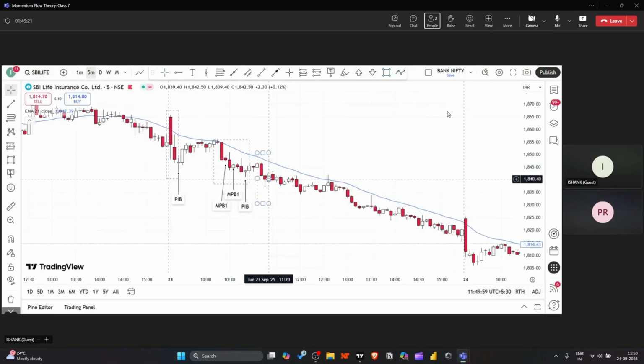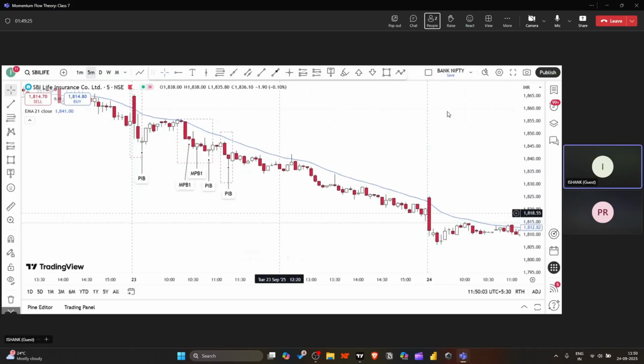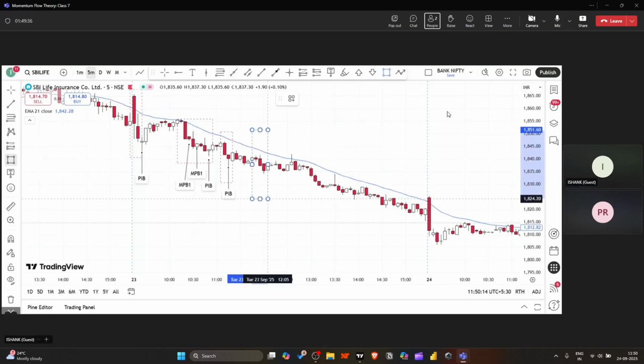That turned into PAB. Again, a spike and a PIB. Correct. L1, L2, again a PIB.